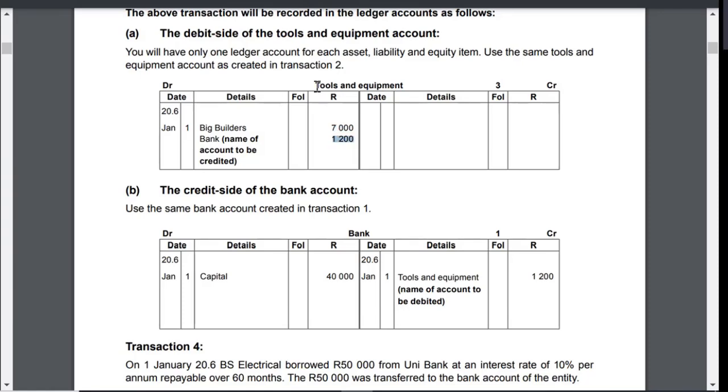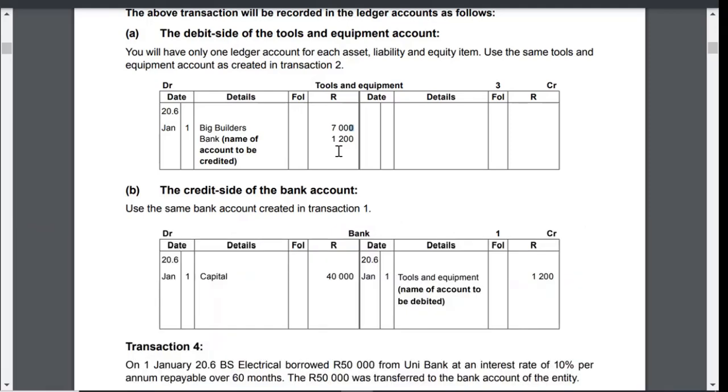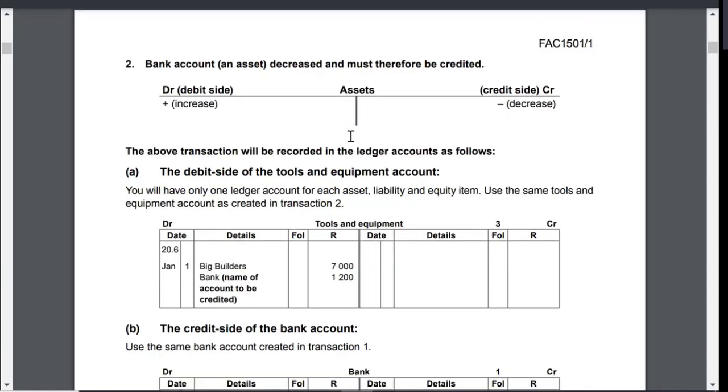That's why now tools and equipment has increased from 7,000 to 8,200. Do you understand why I say 8,200? So it was previously 7,000, now it is 8,200. How do I get 8,200? I said 7,000 plus 1,200 to get to 8,200.